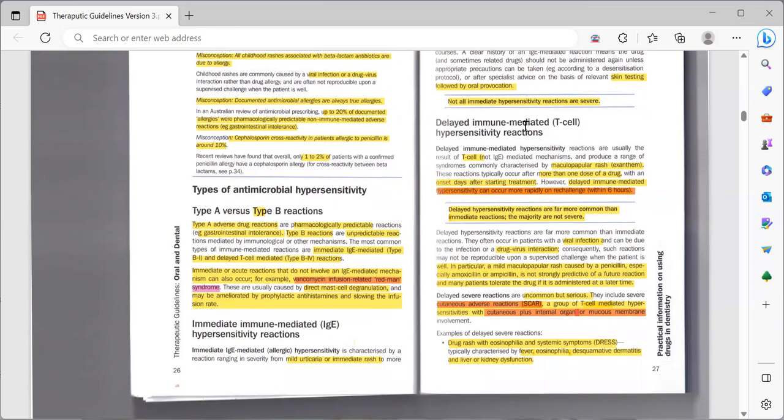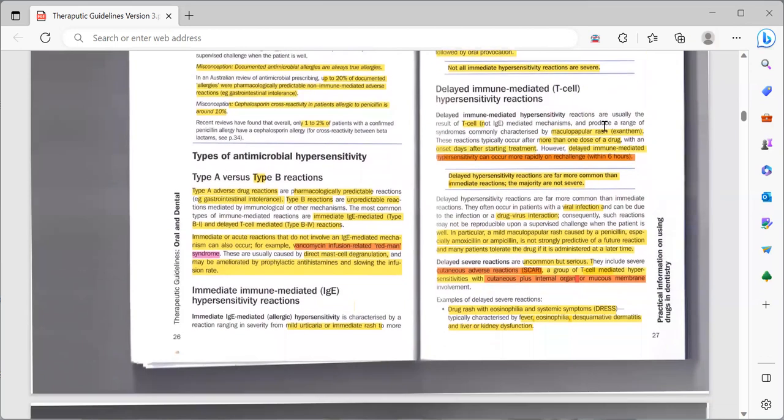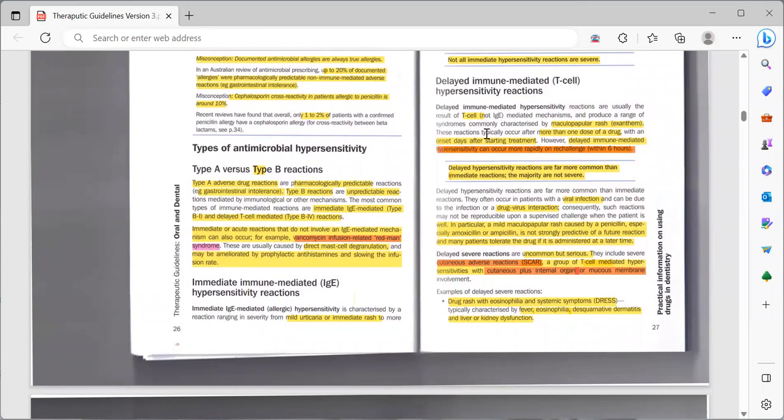Then the delayed immune mediated hypersensitivity reactions are basically T cell mediated and produce a range of syndromes. You just need to understand that these delayed immune mediated reactions have a certain pattern. It could be DRESS or Stevens-Johnson syndrome or any of these.